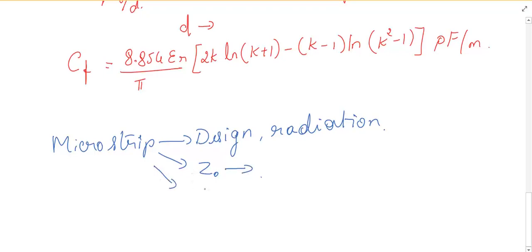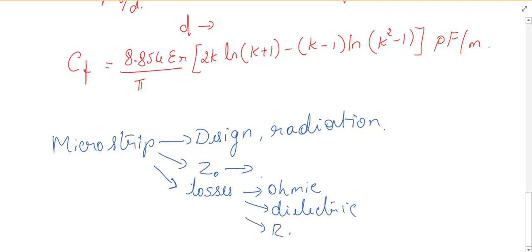And then in the microstrip lines the last topic was about the losses. There are different types of losses that we had seen. One was the ohmic loss. Then it was the dielectric loss, and the last one was the radiation loss.